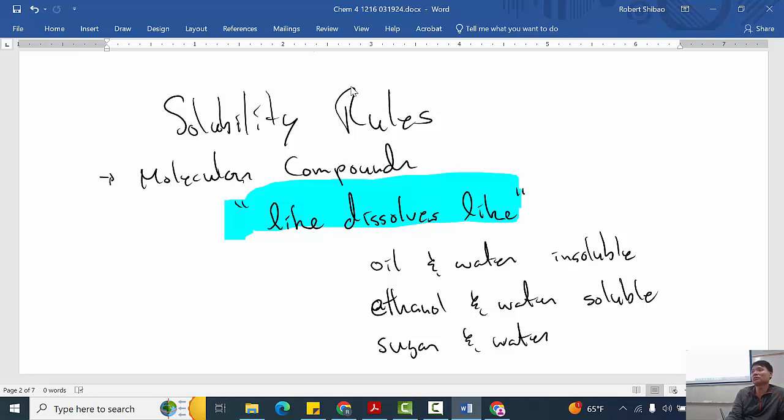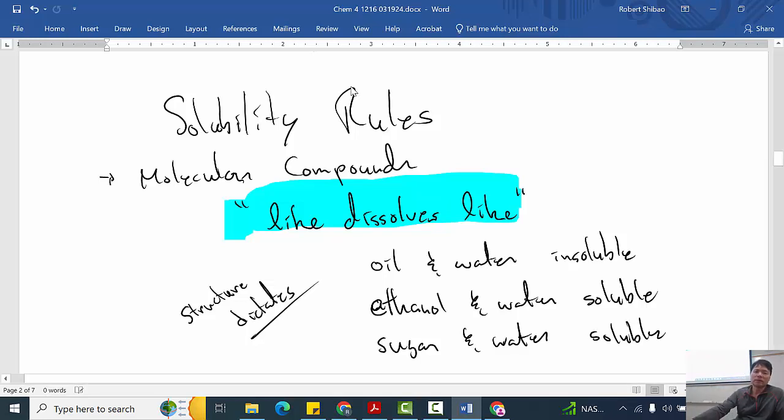But they're similar in certain structural characteristics. And sugar and water are soluble. And it has to do with the structure, which dictates this. Which we're going to cover later, not now.